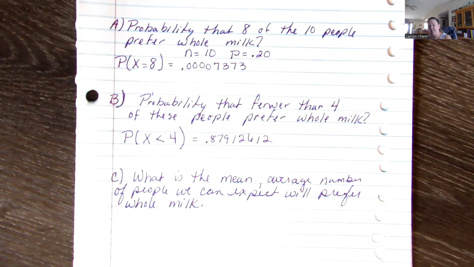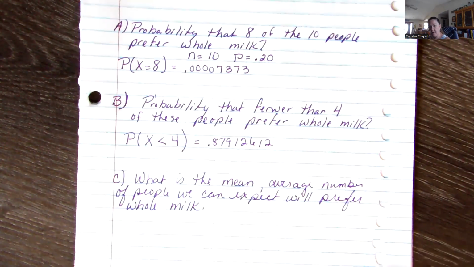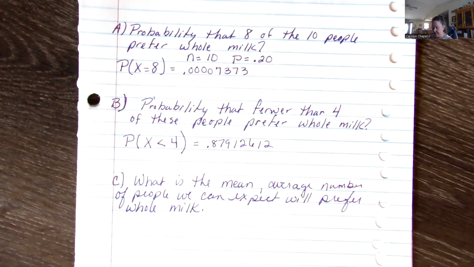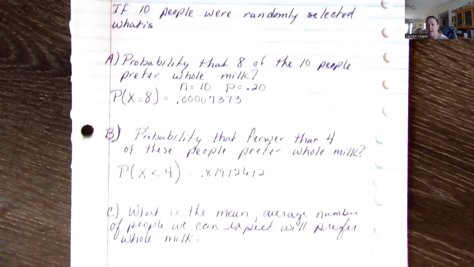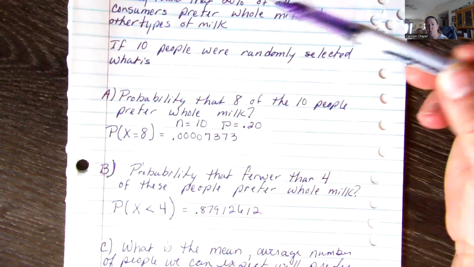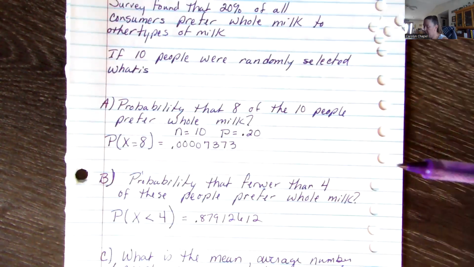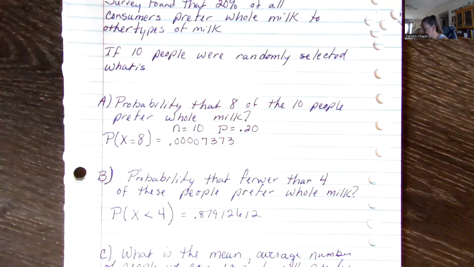And some of you might say, well, I don't even really need math or statistics for this, and you shouldn't. When I write the formula down eventually after we talk about this, the formula is going to make sense. So we know that 20% of all consumers, we have 10 people.